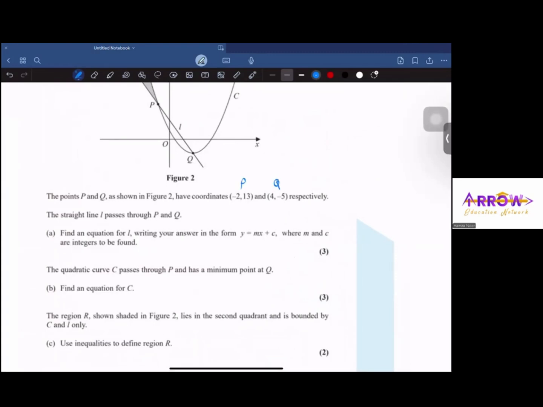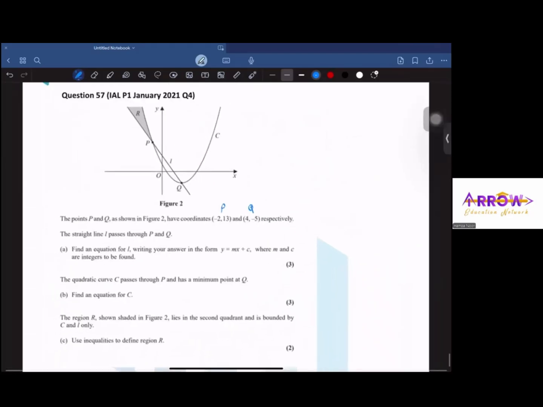The straight line L passes through P and Q. Find an equation for L, and we need to write our answer in the form y equals mx plus c, where m and c are integers to be found. So first thing first, we have points P and Q respectively.